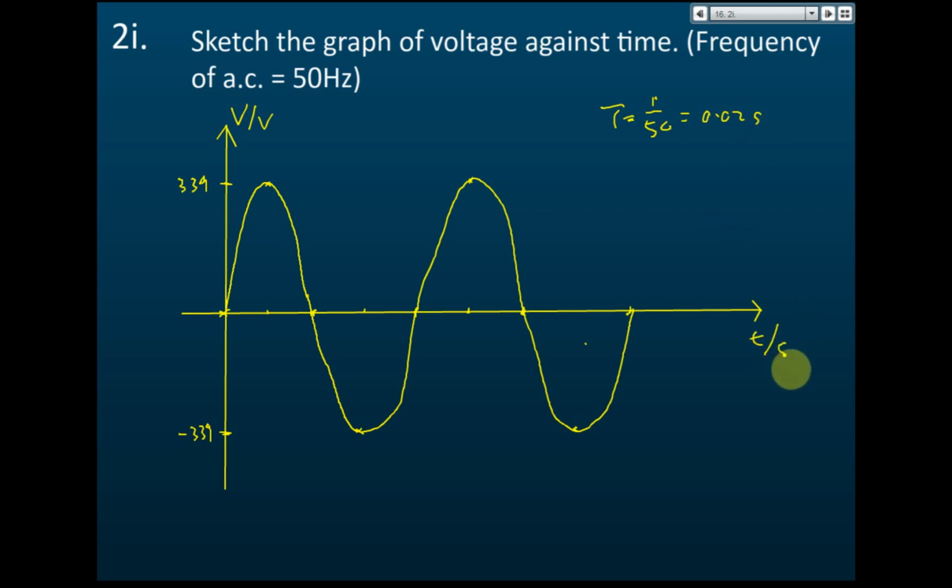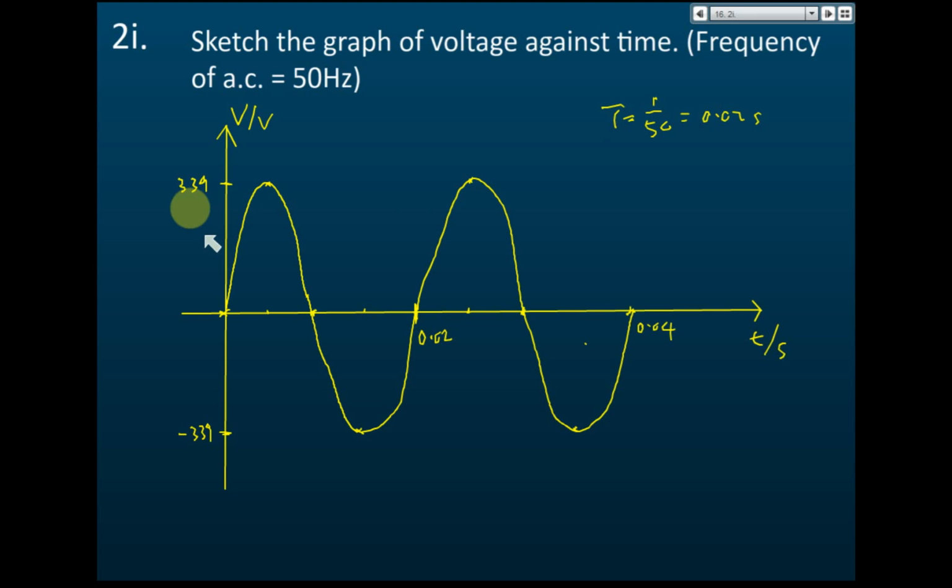So this is time in seconds. One complete cycle is 0.02 second, then another 0.02 makes 0.04. So this is the graph of voltage against time for the frequency 50 Hertz and peak voltage 339. But the root mean square voltage is 240.